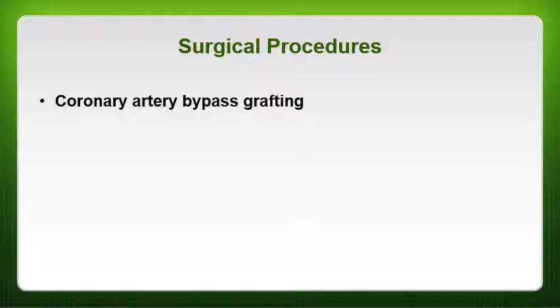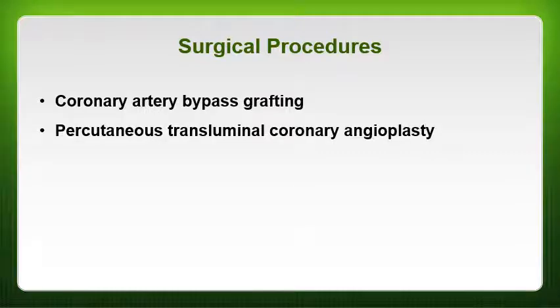They'll do this for someone that has atherosclerosis, if the blockages are great or if they've done less invasive measures in the past that haven't been successful. Another thing they will do is something called percutaneous transluminal coronary angioplasty.